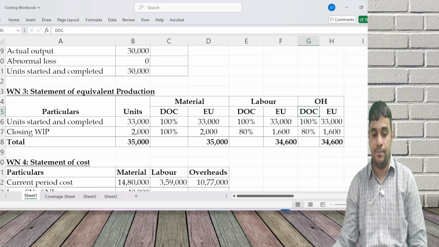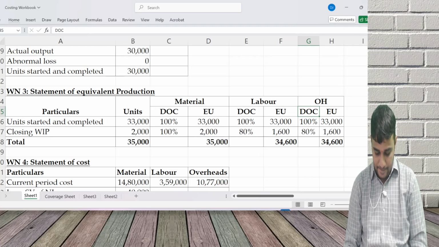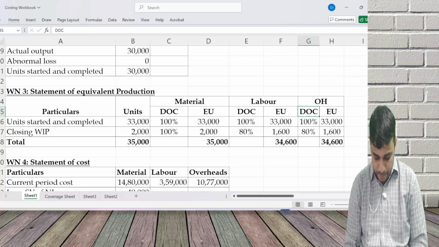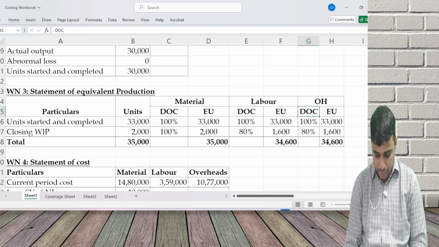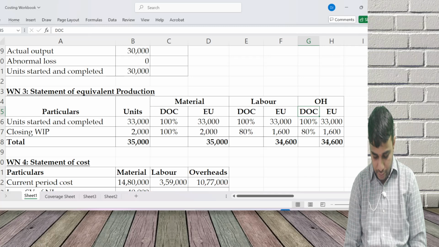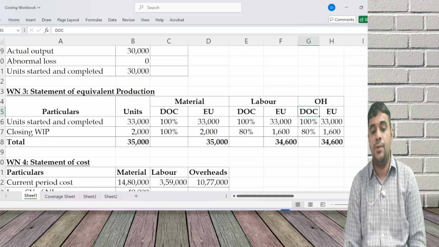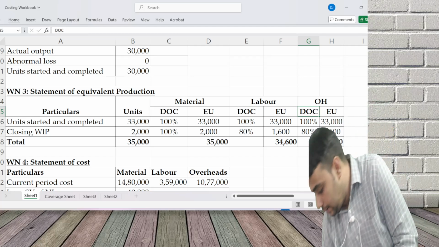Statement of equivalent production: particulars, units, material, labor, overheads, DOC, and equivalent units.